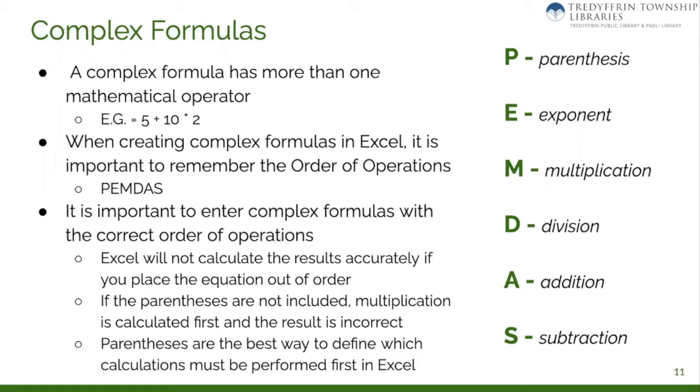But P equals parentheses, so anything found in parentheses will be computed first, followed by any exponents, then multiplication, then division, then addition, and then finally subtraction. So in this complex formula here, we would have to do the multiplication first, so 10 times 2, and then plus 5. So it would be 25 as the answer.